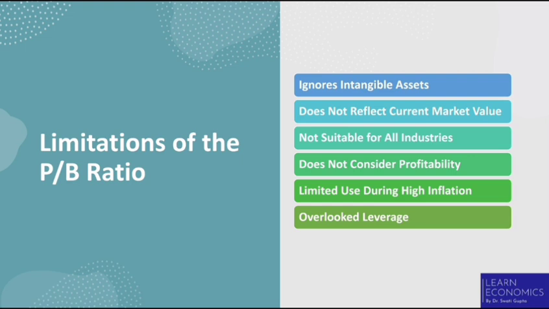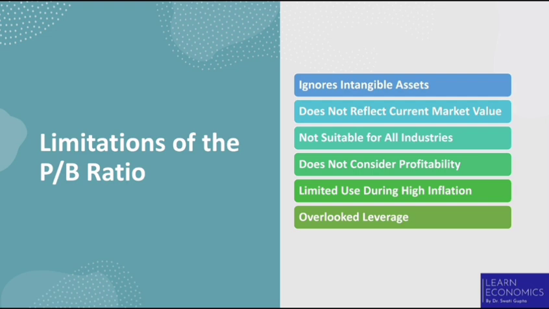The PV ratio only looks at the company's assets and liabilities and does not account for how well the company is performing. A low PV ratio could mean the stock is undervalued, but it could also indicate the company is unprofitable or poorly managed. Fifth, limited use during high inflation.